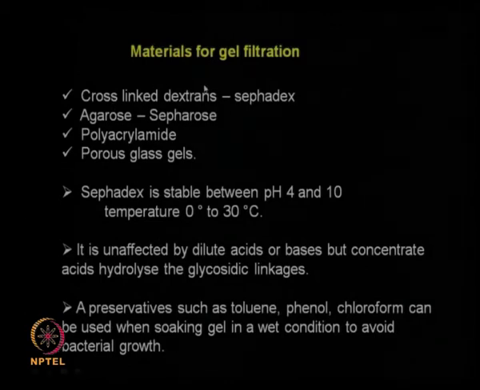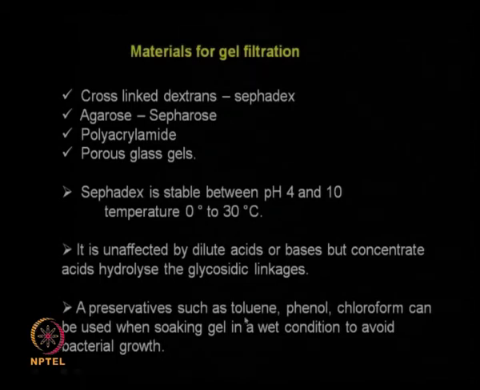Now each one of them has advantages and disadvantages depending upon the type of system which we are studying and the operating conditions, and we change the gel material accordingly. Sephadex is stable between pH 4 and 10 and also between 0 and 30 degrees, that is why in most applications we use Sephadex. It is unaffected by dilute acids or bases, but of course concentrated acids will hydrolyze the glycosidic linkages.